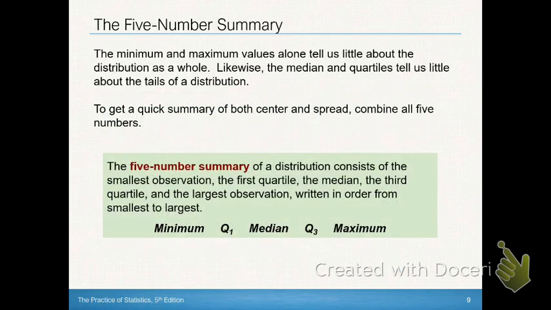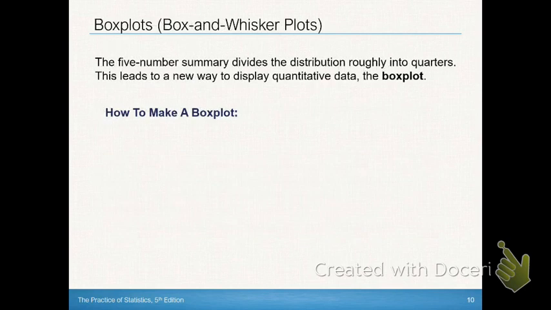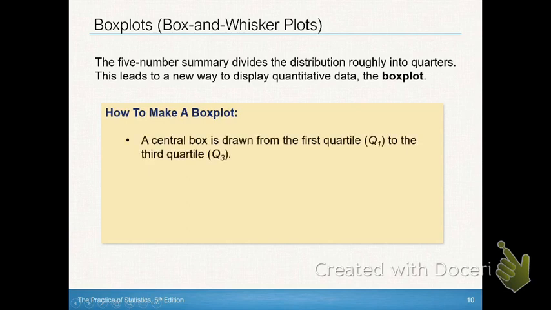Next, we're going to start moving towards how we would make our box plot. In order to make a box plot, we need to know our five-number summary. Our five-number summary is the minimum, the maximum, and the three numbers we've already found: the median, Q1, and Q3. When we make our box plot, also known as a box and whisker plot, we make vertical lines to make the box part involving Q1, the median, and Q3.